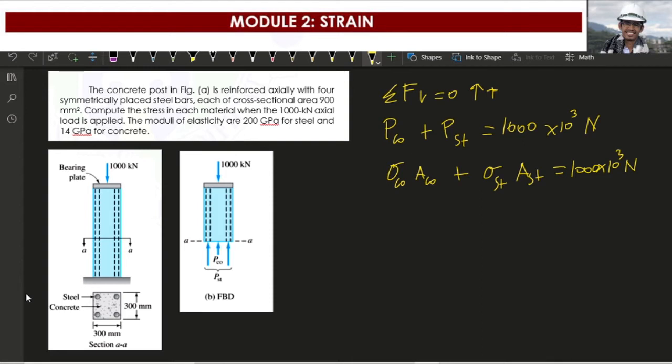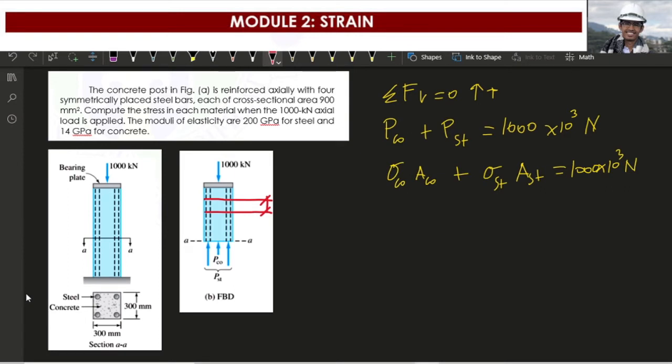deformation, ano? So, for the deformation to be compatible, so kailangan yung deformation ng steel is equal to the deformation ng concrete, okay? So, kung itong concrete column natin will deform, no? Due to the axial load, so magkakaroon ng change in length, no? Magde-deform yung ating concrete column and steel.